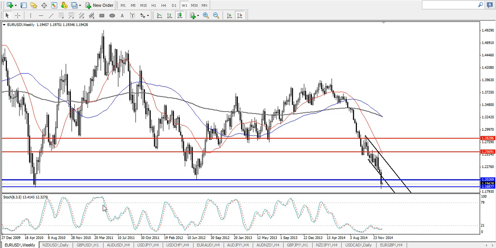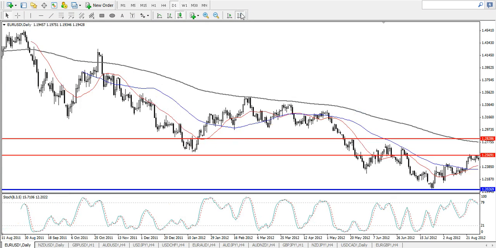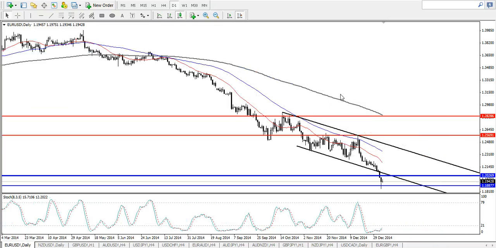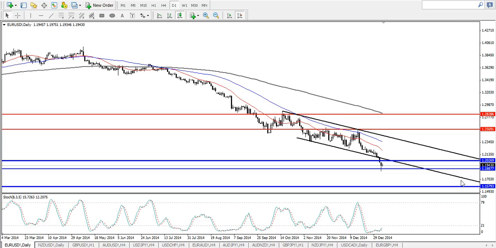Alright, so back to the chart itself. On the daily chart, based on Fibonacci expansion from the top to this area, we are seeing that price may fall even further to 1.1579.